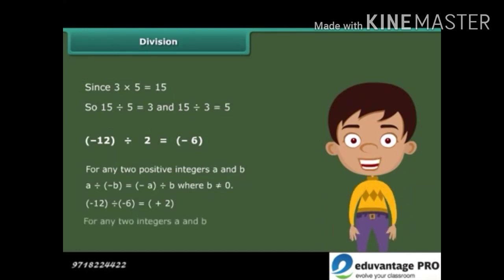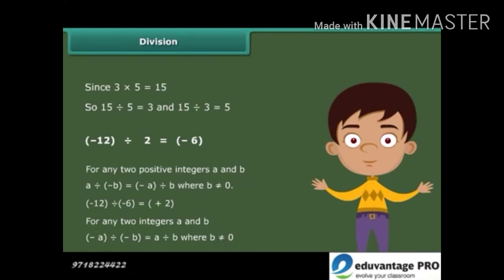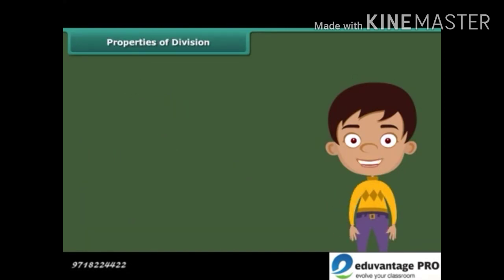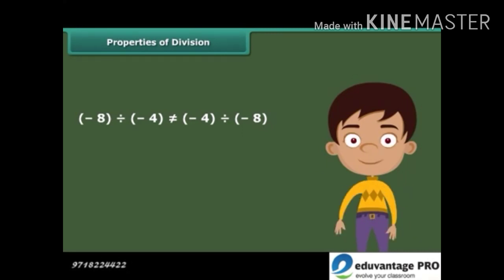In general, for any two integers a and b, -a ÷ -b is equal to a ÷ b, where b is not equal to 0. Division is not commutative for integers. For example, -8 ÷ -4 is not equal to -4 ÷ -8.